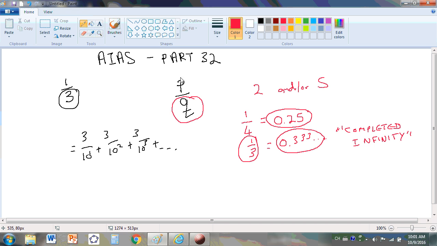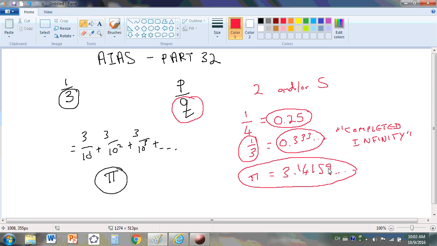And now for the final stage, we look at the value of pi. Well, what on earth is pi? So mainstream morons will write pi is equal to 3.14159... but nobody even knows what the limit is here. So in this case here, it's not a limit, it's not a sum.